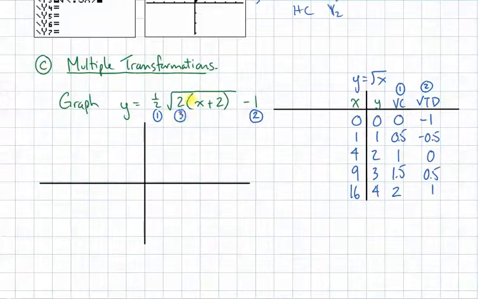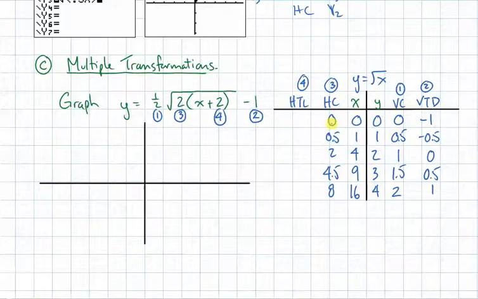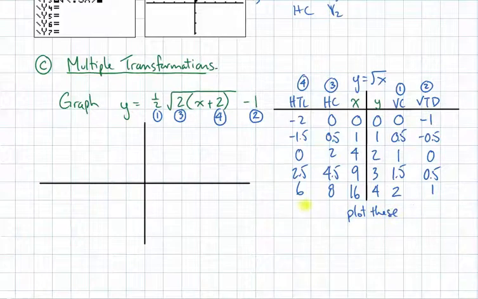Next, because there's a bracket inside and it's factored, I'll transform by shaping horizontally first. That's a horizontal compression, so half of the x values, which look like this. Then lastly, I will horizontally translate to the left by 2, by subtracting 2. So, if I've done everything correctly, those are all my transformations, and what I plot is this x transformed with this y.